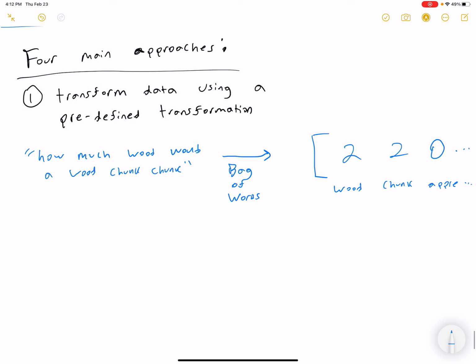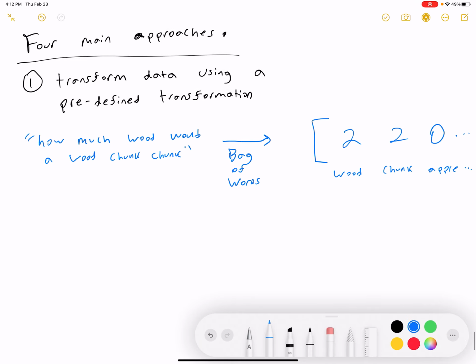And that's our feature representation we put into the model. That's a predefined representation by a human. So that's one way to do it.